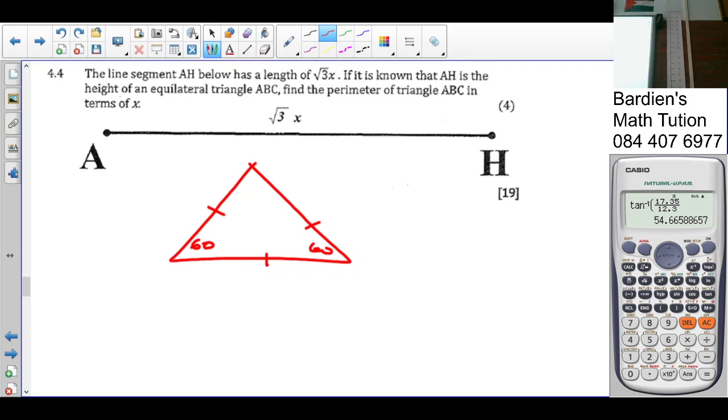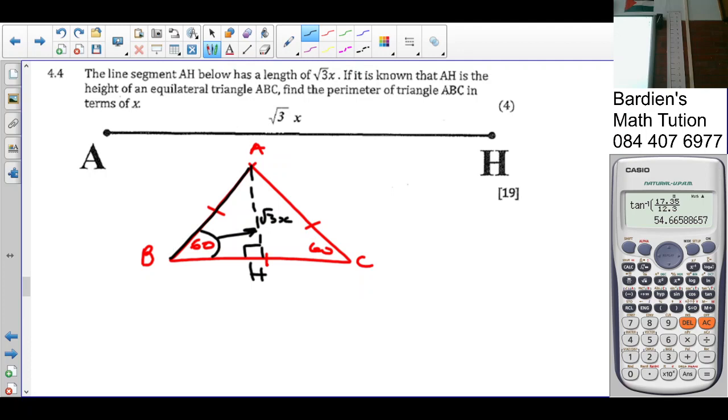We are told that you want the perimeter of triangle ABC. AH is the height of the equilateral triangle. So the height is going to go down here. This AH is going to be root 3x. Can you see that? So to calculate the length here, here's your angle. You got your opposite. And what is this?